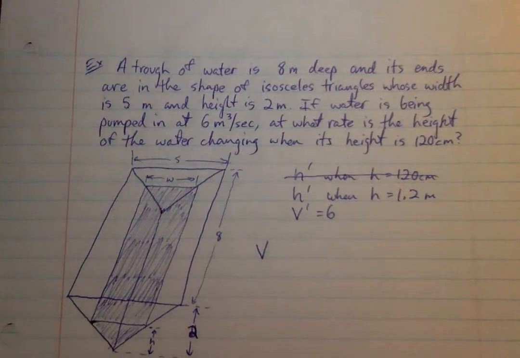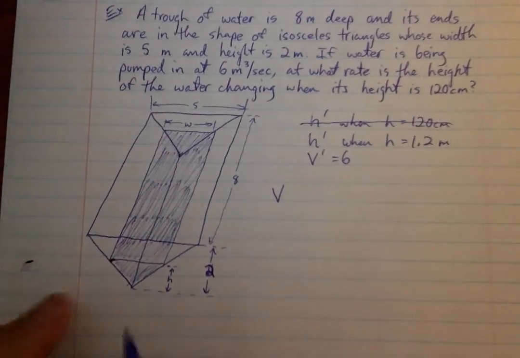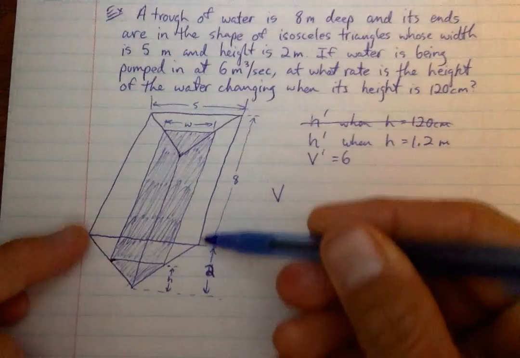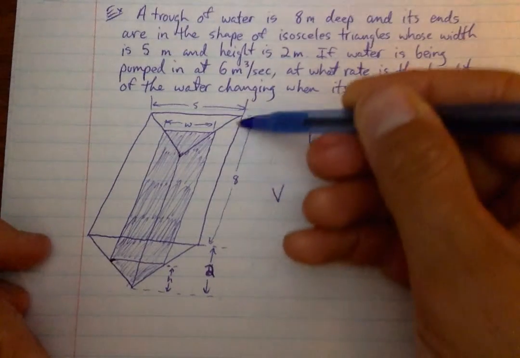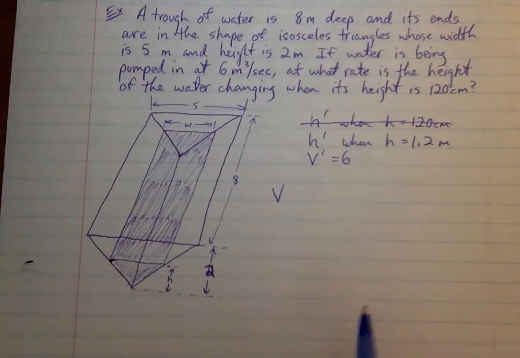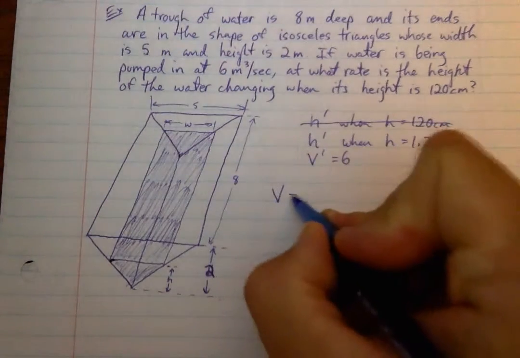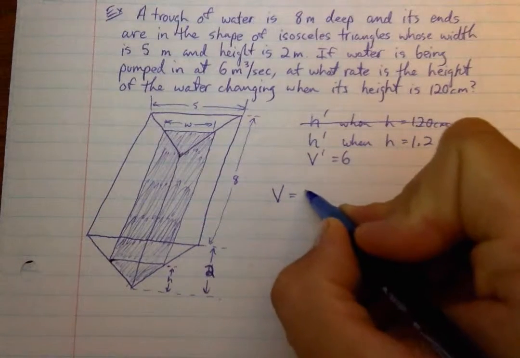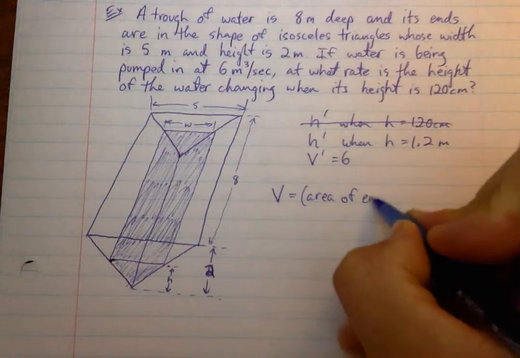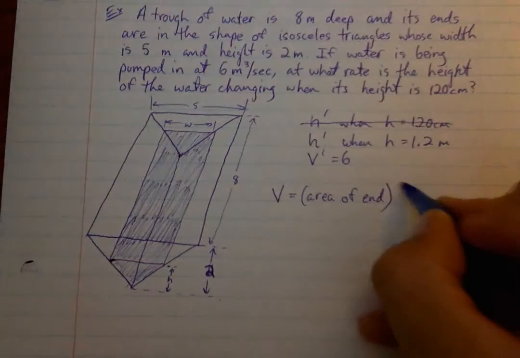well, just by the way things go in math, we know that if we take the area of this triangle and we multiply it all the way down the area of the depth, that's going to give us the volume of this whole trough. So the volume is equal to the area of the end times the depth.